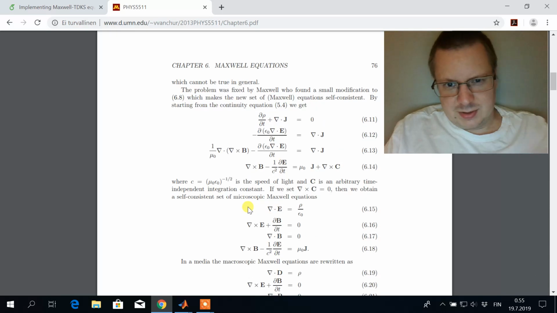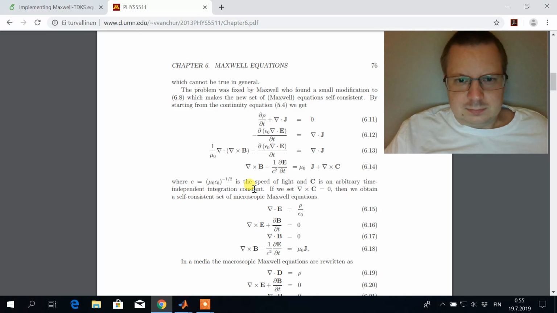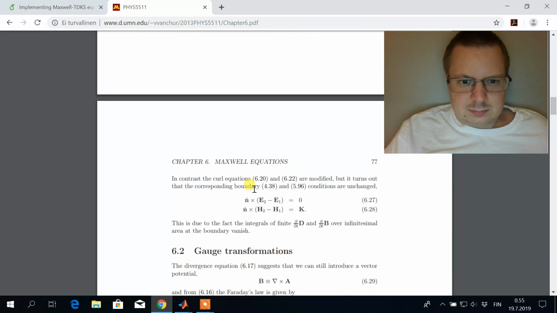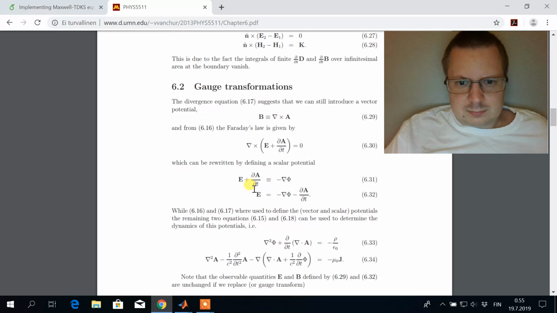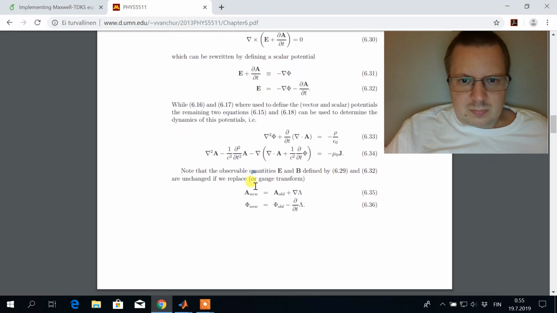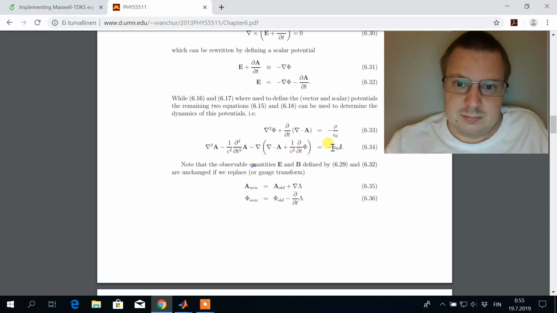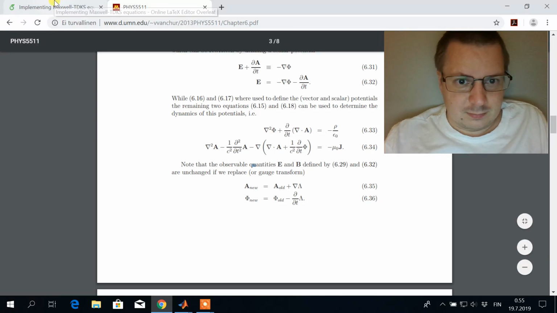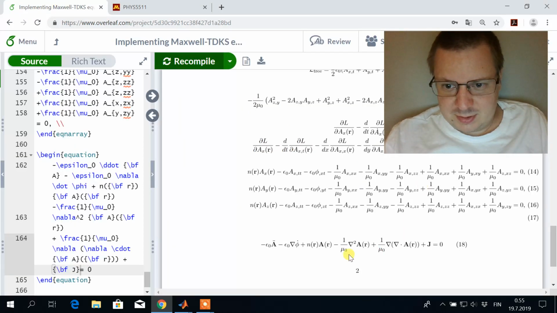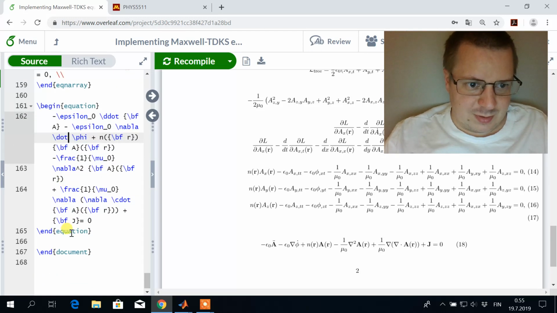So Maxwell equations. There's mu0 in the J, but that's because there's 1 over mu0 here. So we would need to multiply with mu0. I mean, we can just do that.